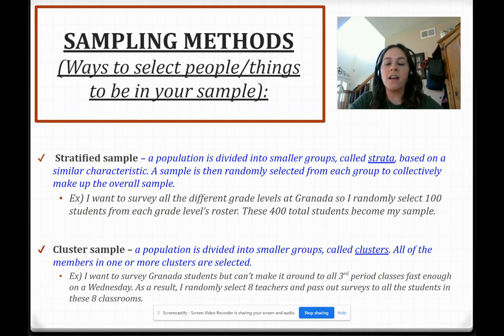Cluster, instead of going into every single group and picking a random selection out of it, they're going to randomly select a couple of the clusters, and those clusters and everybody in them will become part of your sample. That means the clusters that are not selected, none of the people in them would become part of your sample.